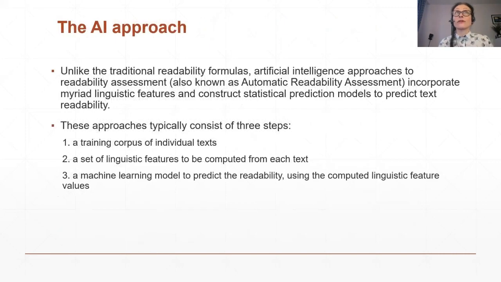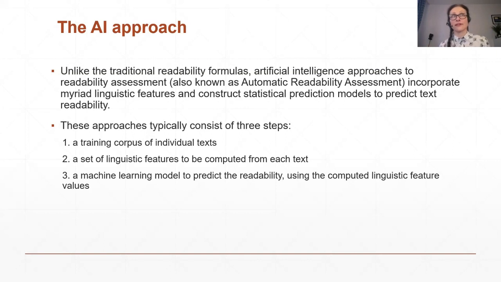So there is also an AI approach for that. Unlike the traditional readability formulas, the artificial intelligence approaches to readability assessment, also known as automatic readability assessment, incorporate myriad linguistic features and construct statistical prediction models to predict text readability. These approaches typically consist of 3 steps. The first is a training corpus of individual texts.